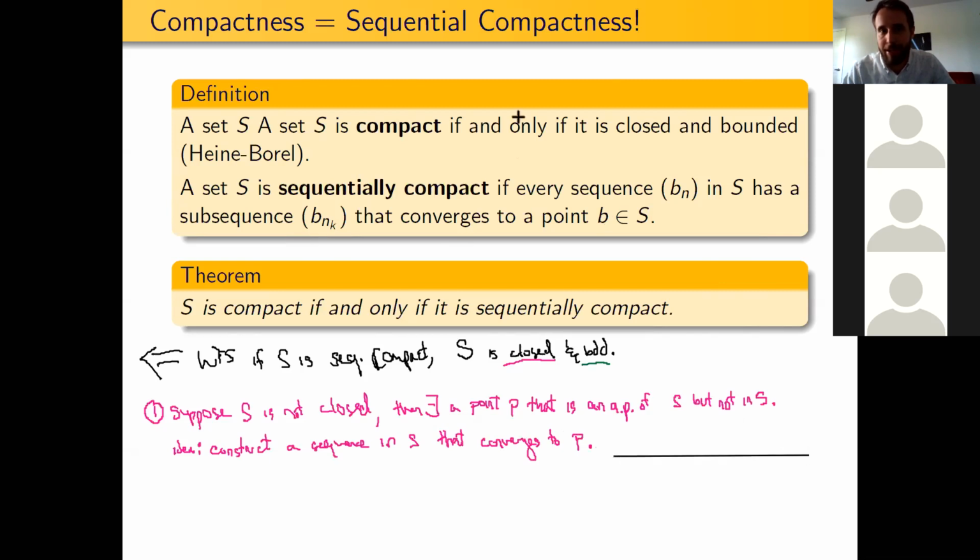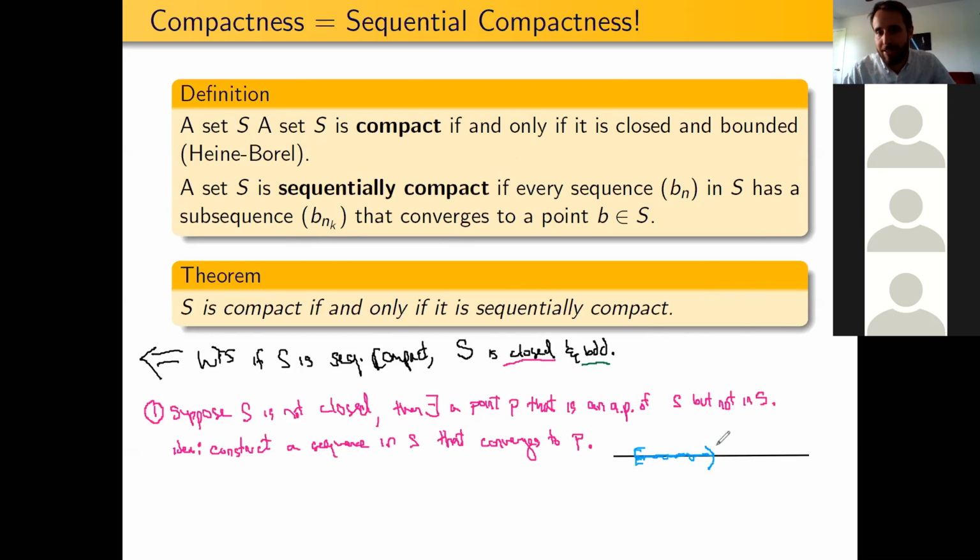But if I have my real number line and my set S, let's pretend S looks like this but has an open side, so S is not closed.